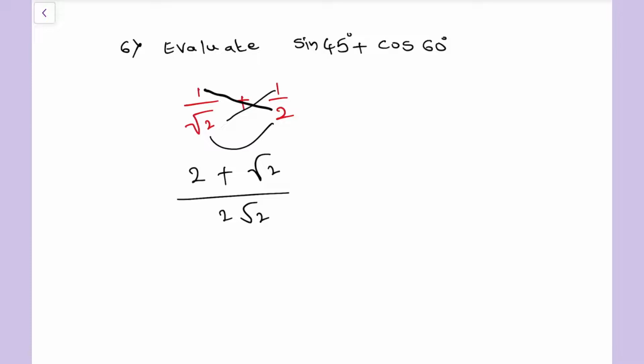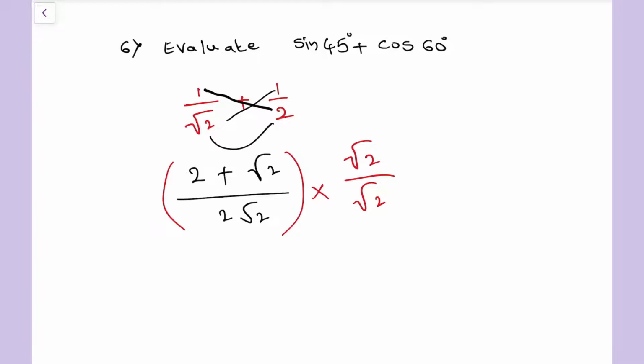Next thing, we always prefer a rational number in the denominator, but here root 2 is there in the denominator, so I don't want any irrational number in the denominator. So I am going to multiply and divide the whole thing by root 2 again.